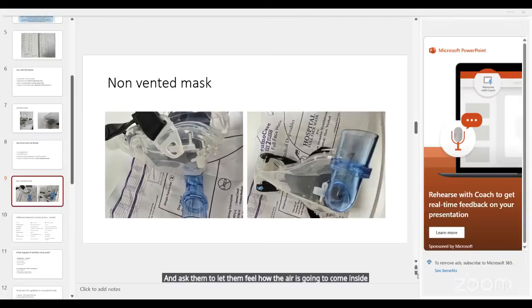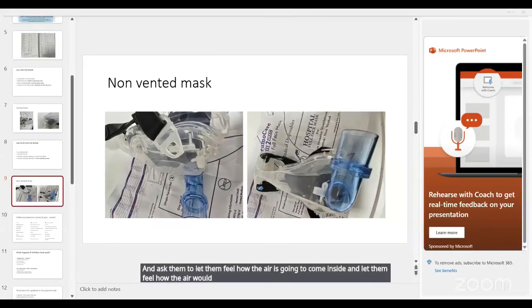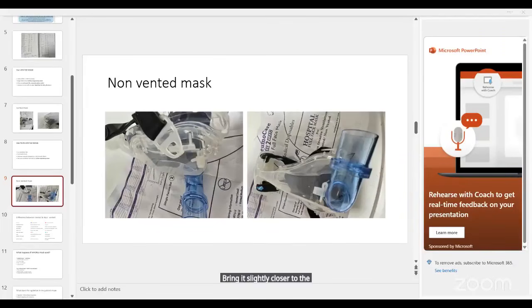Once they feel comfortable after 4 to 5 breaths, bring it slightly closer to the patient's face, and then just enclose it onto the face without strapping. Then look at the patient's tolerance, and then you can fix the mask.